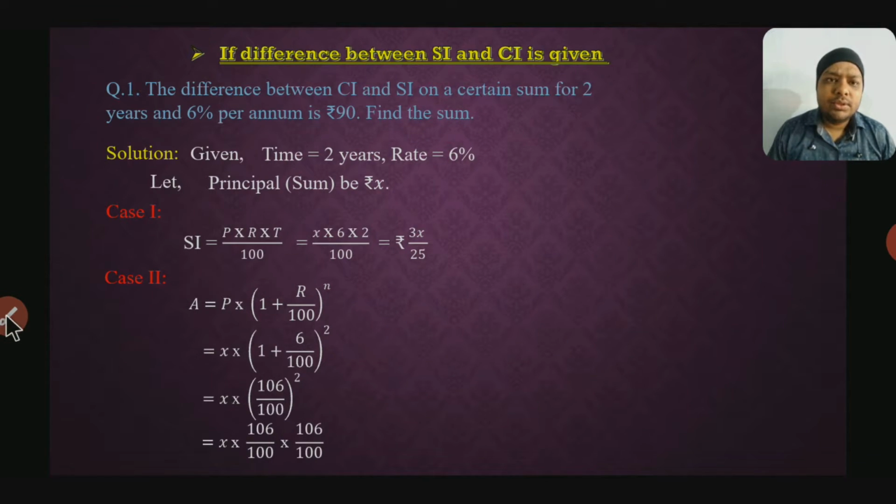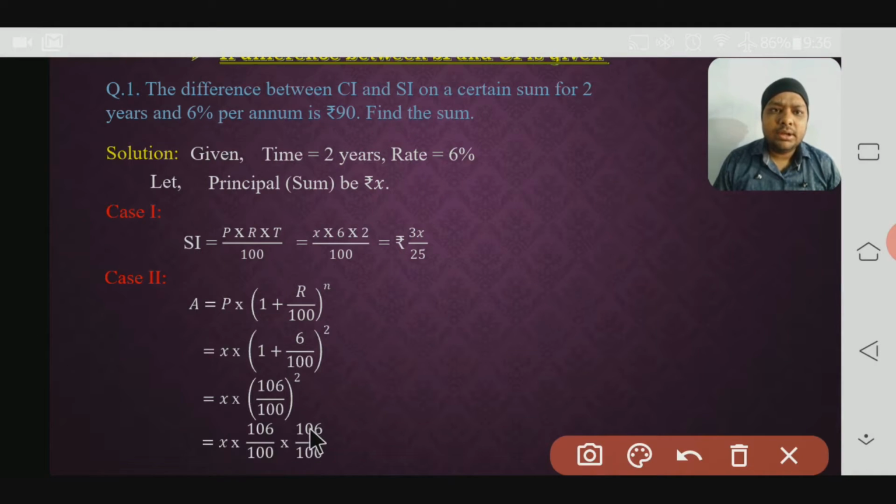Now you can cancel it like this: 106 and 100 both divided by 2 give 53 and 50, and the same for the other one, 53 and 50. Now 53 into 53, what will it be?